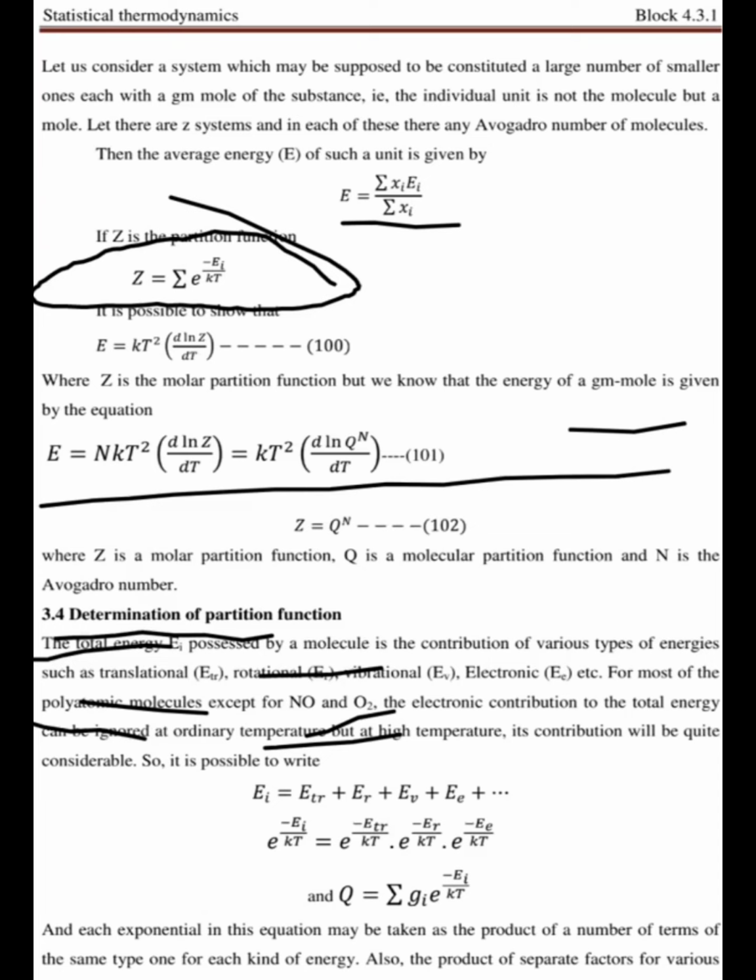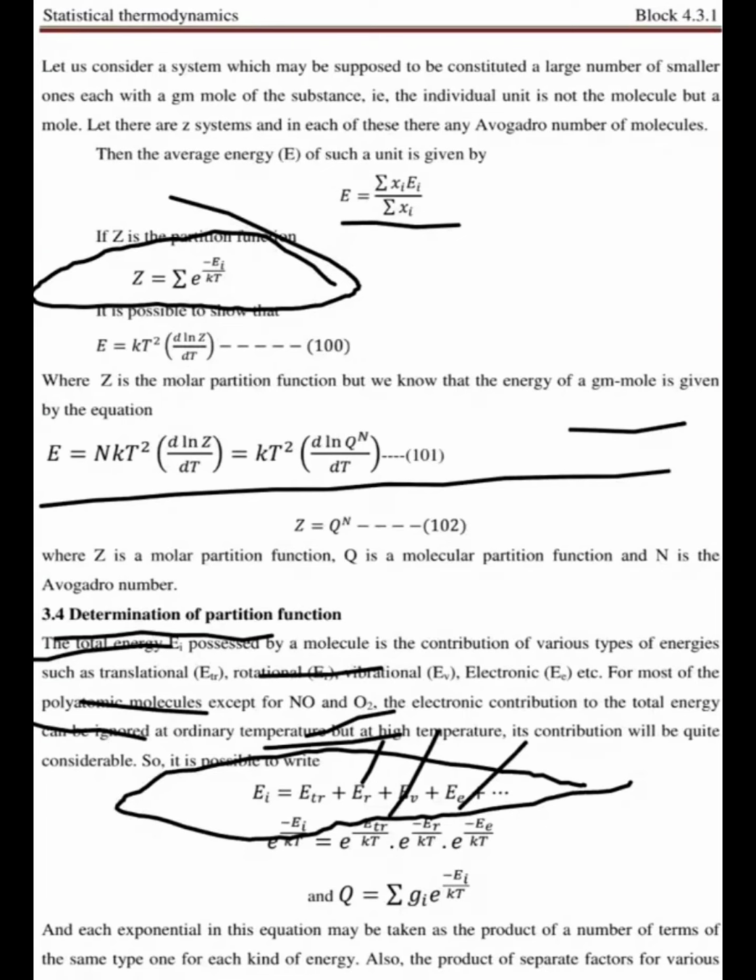So this is the equation where it can be written: Ei is equal to the translational energy plus rotational energy, plus the vibrational energy, and the electronic energy.